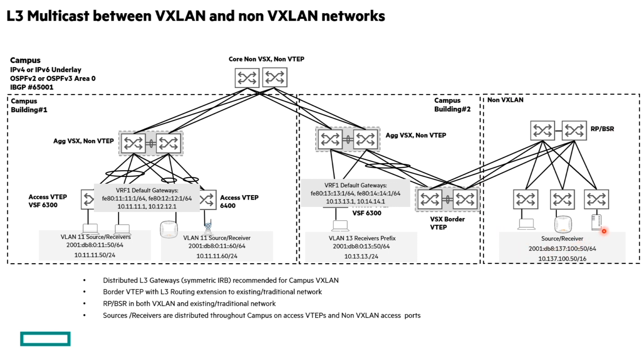That could be an existing RP/BSR that you're joining into your VXLAN network, as well as having an RP/BSR also available in the VXLAN network. And we can also have both sources and receivers in the non-VXLAN network as well as in the VXLAN network, and they can all communicate with each other.